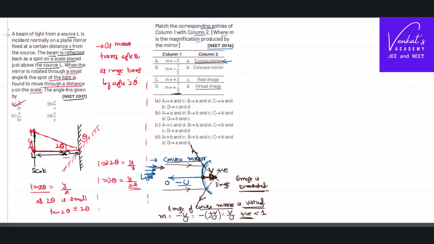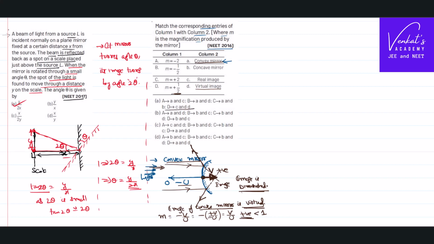See here, option D is having C and D. C is a real image, which is not correct for a convex mirror. So option A is wrong. Look at option B. Option D has B and C. B is a concave mirror. We are talking about positive magnification. For a concave mirror, magnification could be positive or negative.